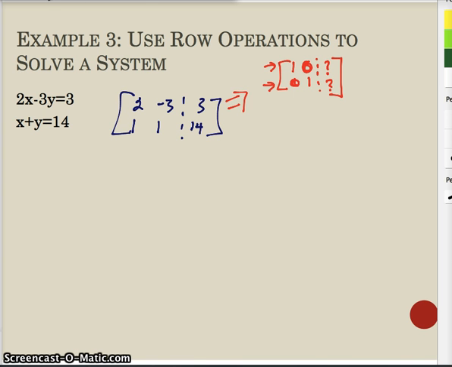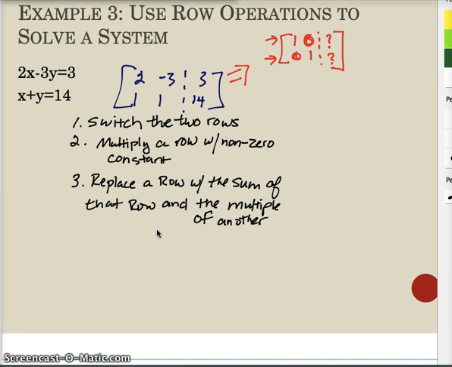So the rules that we had, I'd like to take a look at again, and here they are. The first thing is, 1, you can switch the rows. That is a legal maneuver. 2, you can multiply a row by a non-zero constant. That means any number that's not 0, and replace the row with this new multiple row.